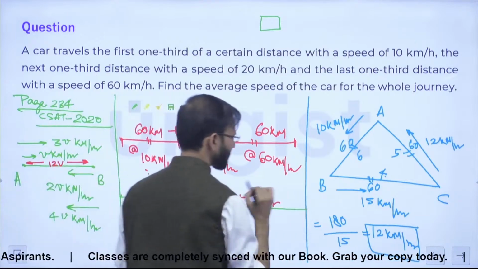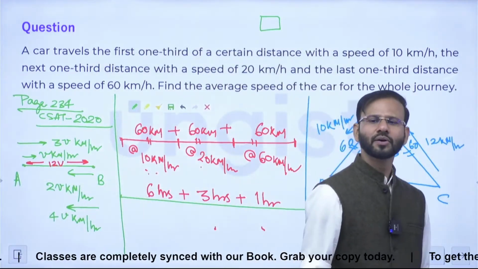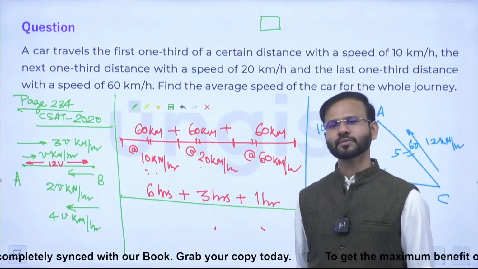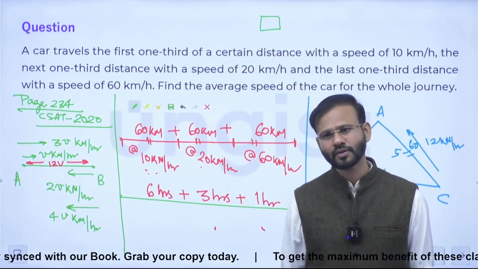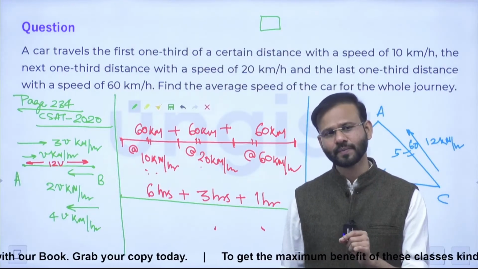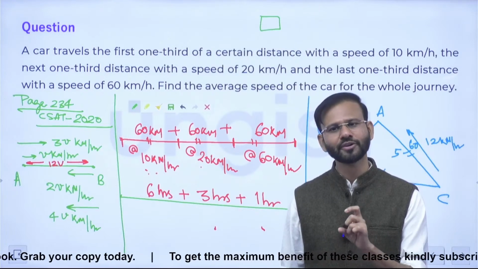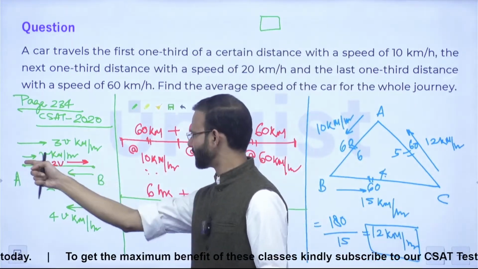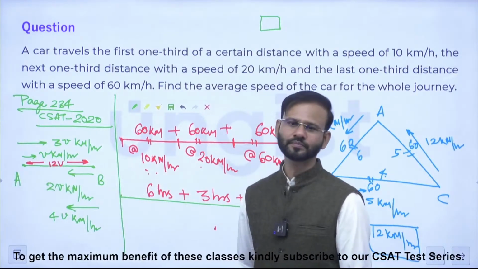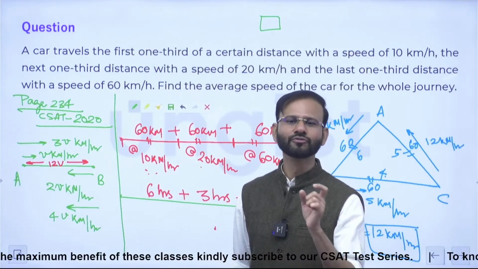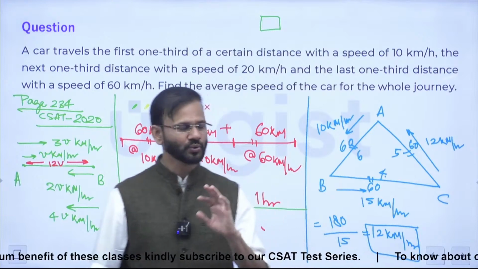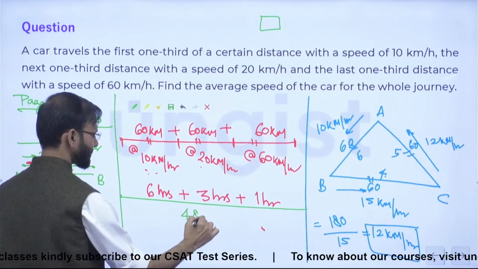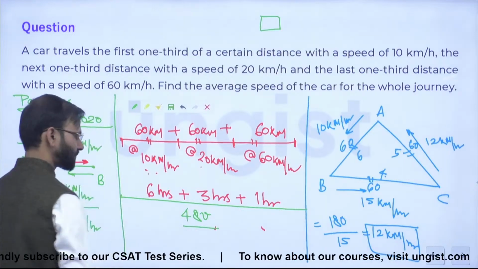Now, just tell me, what is the total distance covered? 12 into 4. 12, 12, 12, 12. 12 into 4, which is 48. The total distance covered is 48V.